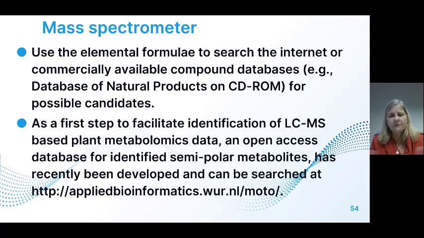It's available for free. You can use that to identify your semi-polar metabolites that you have separated. So there are 2 steps that you can follow to identify the compounds that you have isolated in your extraction and analysis procedure.